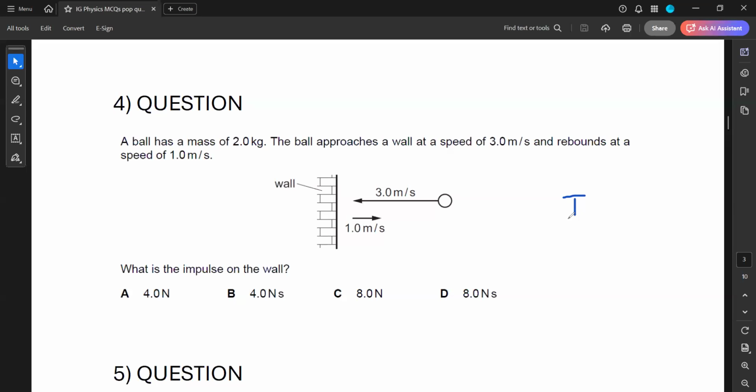There are two ways you can calculate the impulse. Impulse is a product of force and time. That is one formula. And there's also another formula for impulse. It's the final momentum minus the initial momentum. When you take the difference of the two momentum, we call that impulse or the change in momentum.